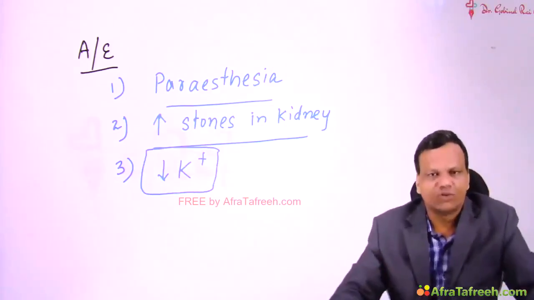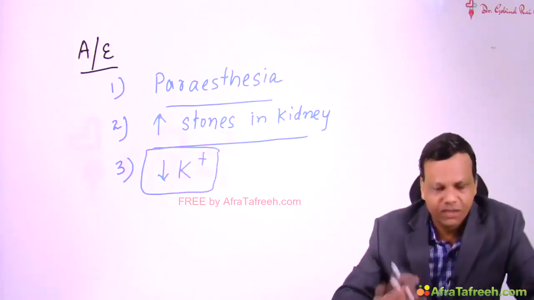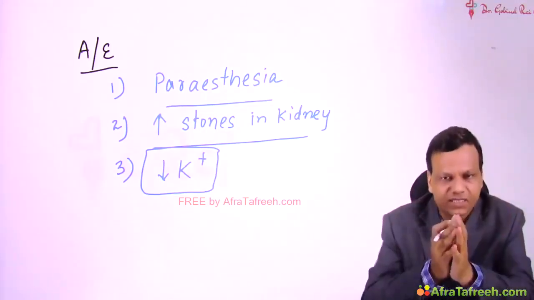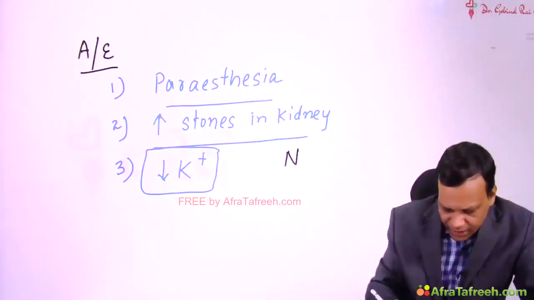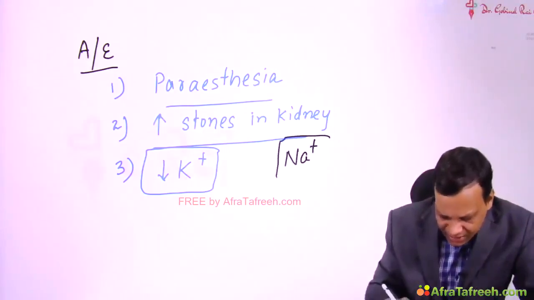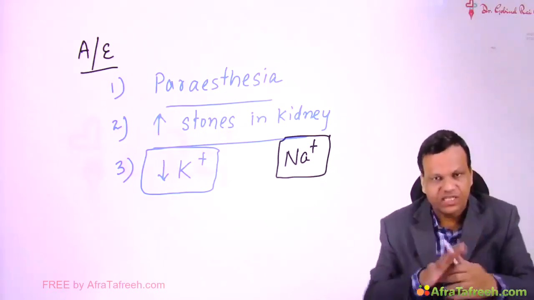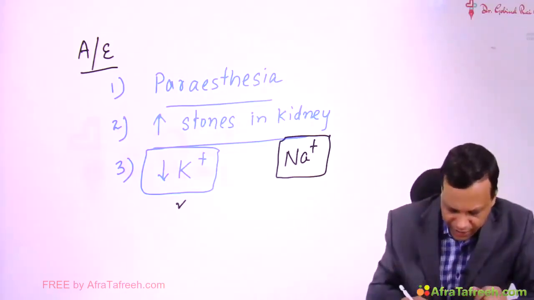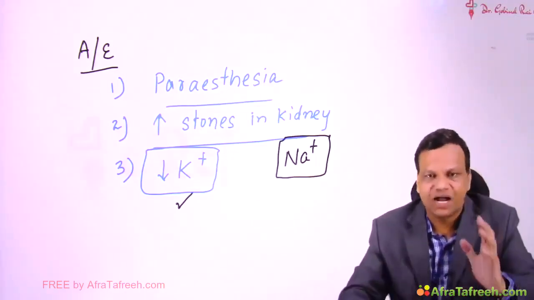Like most of the diuretics, they can cause hypokalemia, but the special point to remember is that among all the diuretic agents at equally natriuretic doses, that means at the same doses at which an equal amount of sodium is removed from the body, carbonic anhydrase inhibitors cause maximum hypokalemia.